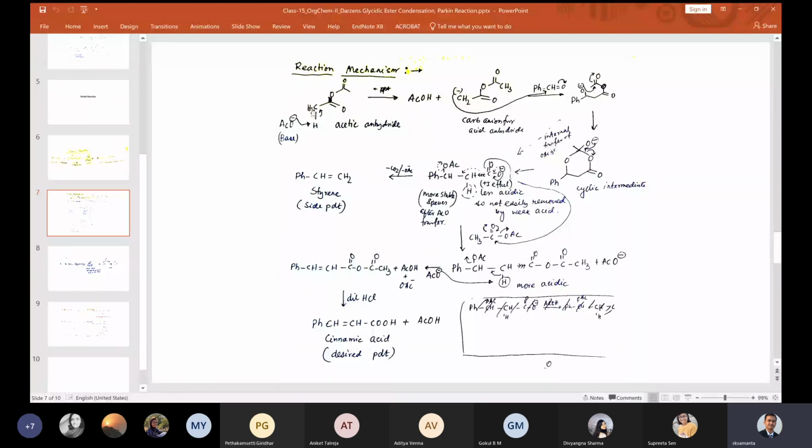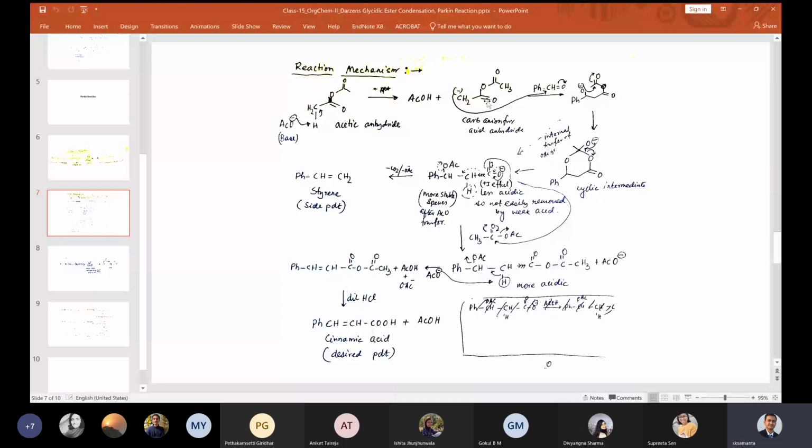You have this acetic anhydride. Do you see this? This is CH3CO-O-COCH3. Now you take a base, that is acetate, sodium acetate or potassium acetate, anything. Then this takes up this proton and forms a negative charge, which of course is resonance stabilized, and now this carbonyl reacts with your benzaldehyde.